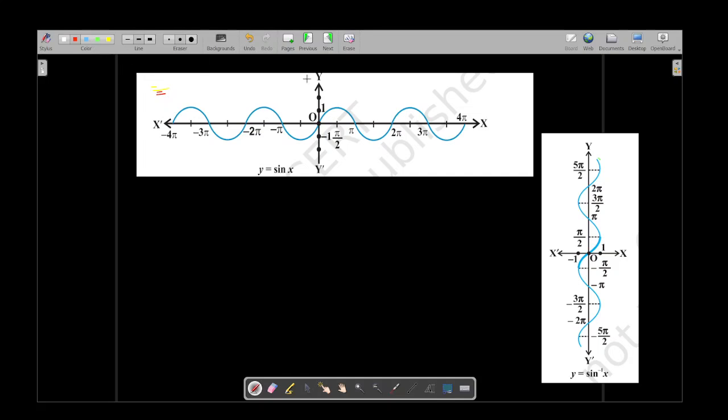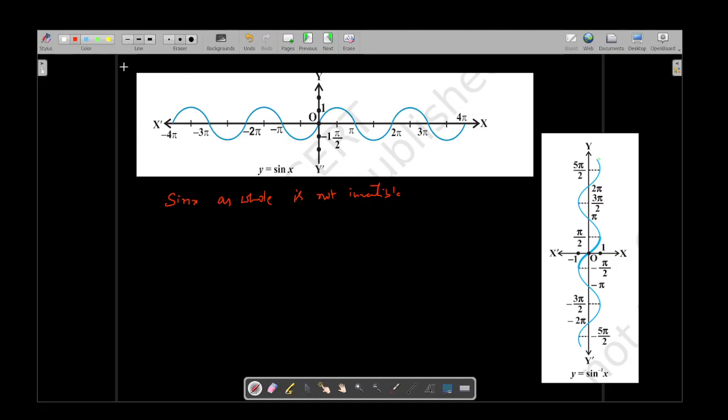If I pass any horizontal line through this function, you can clearly see the horizontal line is touching the sine function at many points. So the sine function as a whole is not invertible, because it is not 1-1.